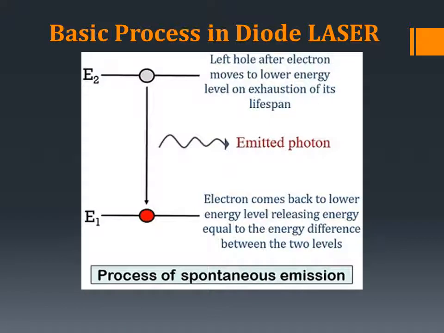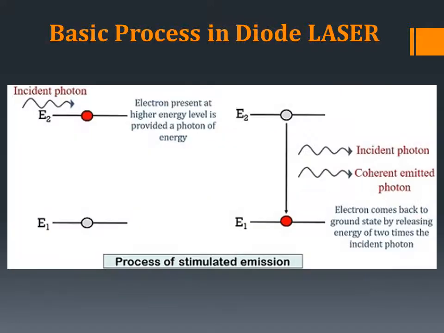This is followed by spontaneous emission, where the electron which had moved into the conduction band comes down to the lower energy level in the valence band and releases a photon. This photon which comes out is completely spontaneous in nature.